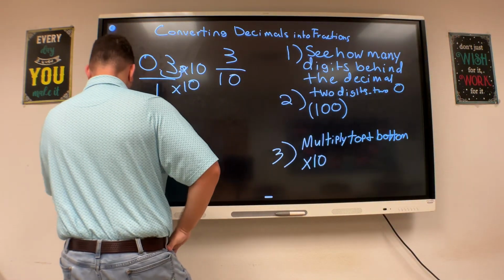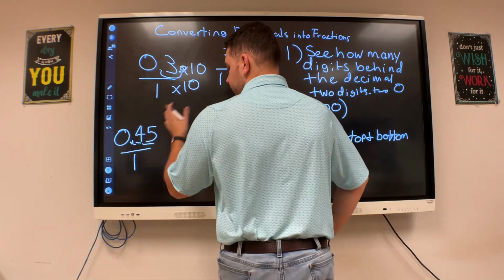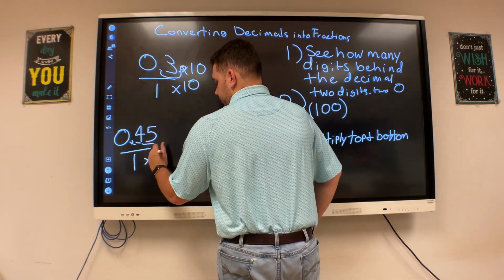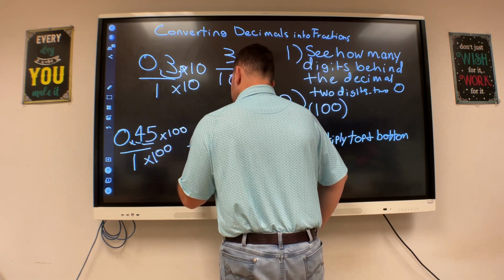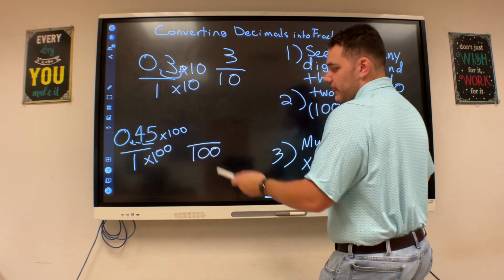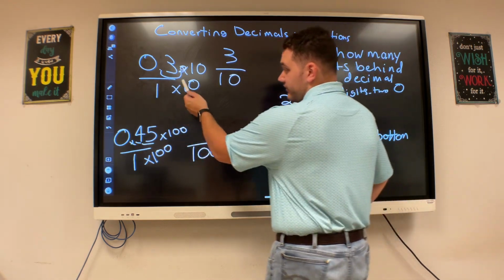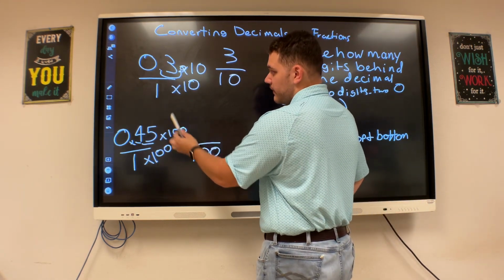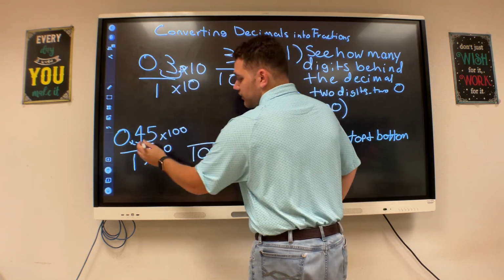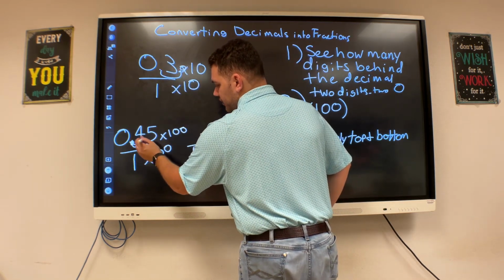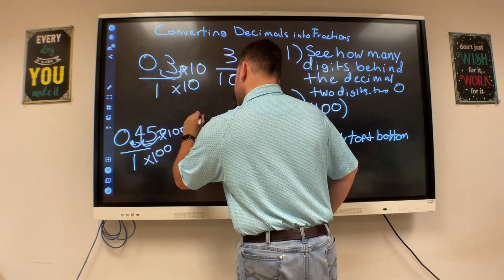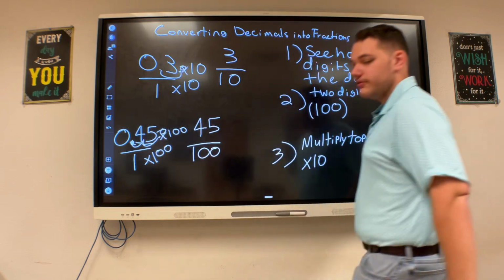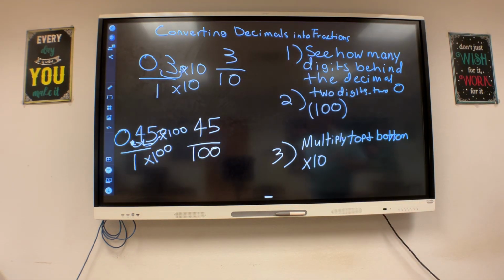We're gonna take this 1, because again, it's understood over 1, and multiply it by 100, and multiply our top by 100. So we've got our 100 on the bottom, and we multiply our top. Remember, however many zeros you're multiplying by, you just move that decimal over. So it's 0.45, we move it 1, we move it 2, and it becomes 45.0, which is just 45. I'll say it again, it's a lot easier to do than it is to explain.